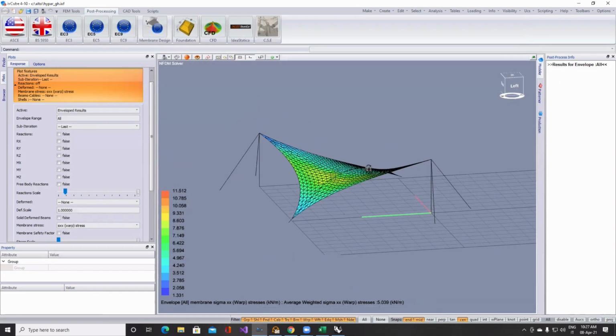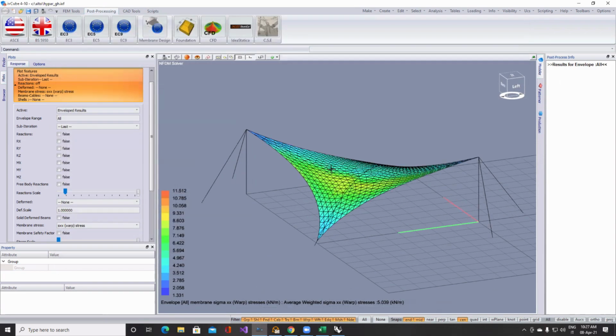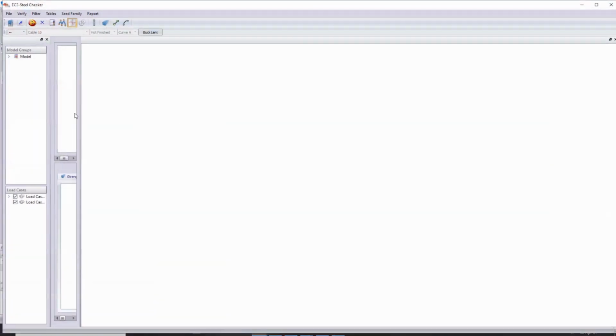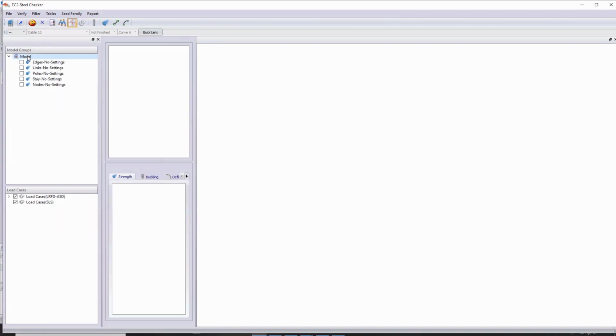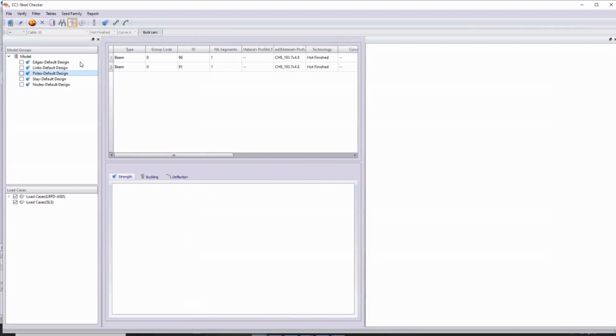If we want to check the steel and the cables, we enter the Eurocode panel. And here we need to apply again a design setting rule. And for example, we click on the poles. It loads the 2 poles.